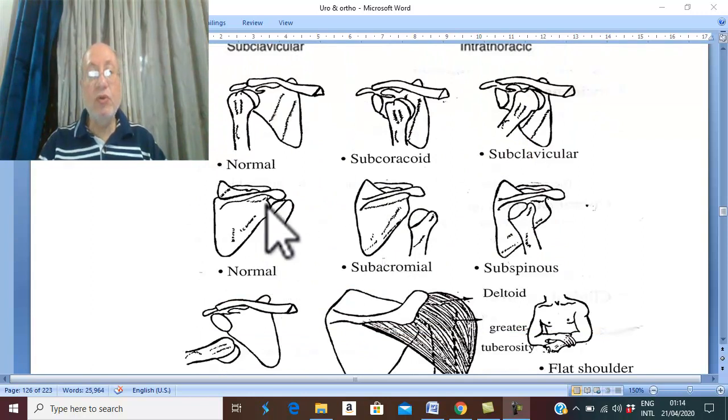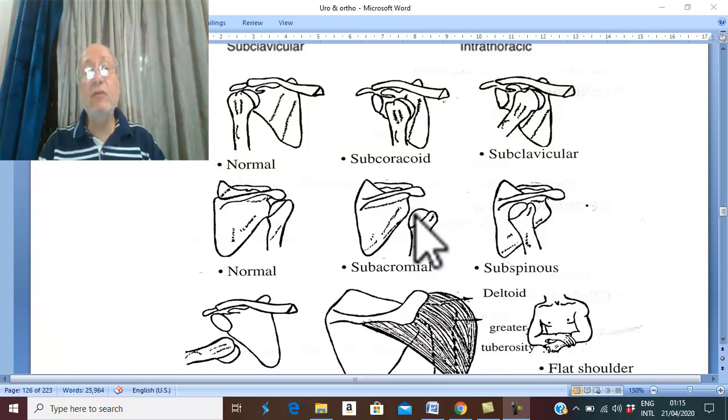This is a normal shoulder joint, and this is displacement of the head of the humerus posterior to the glenoid cavity, and this is called posterior dislocation. There are two degrees of this dislocation. Minimal degree is the commonest.